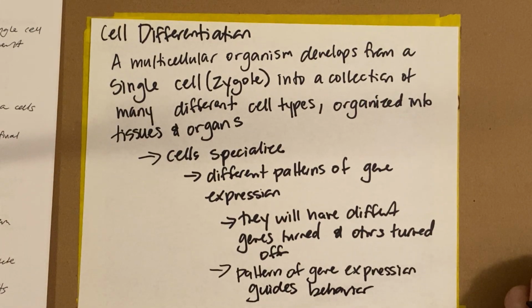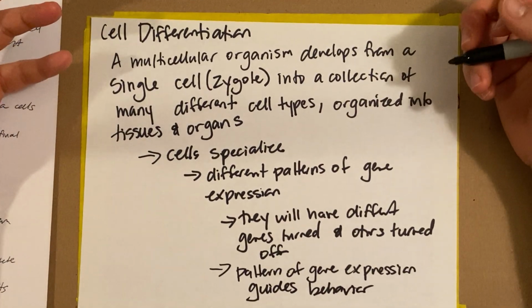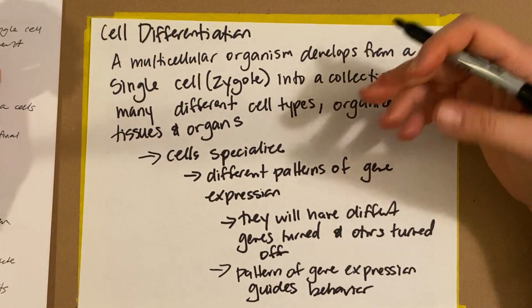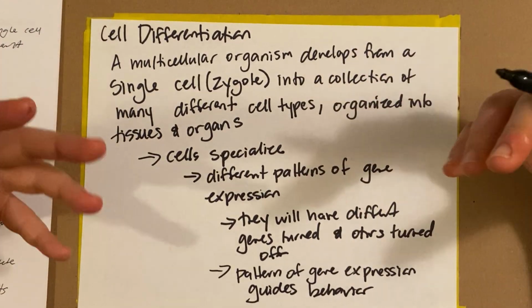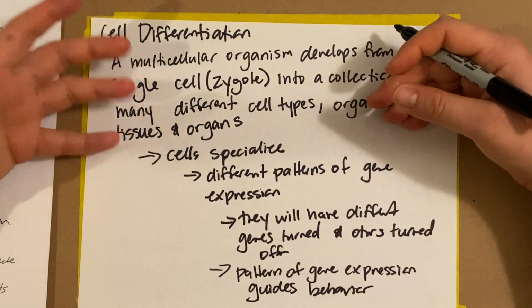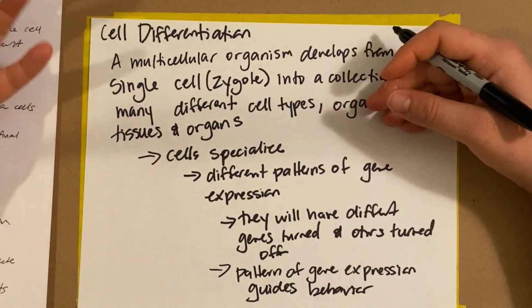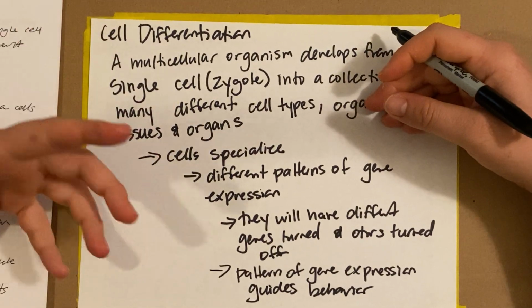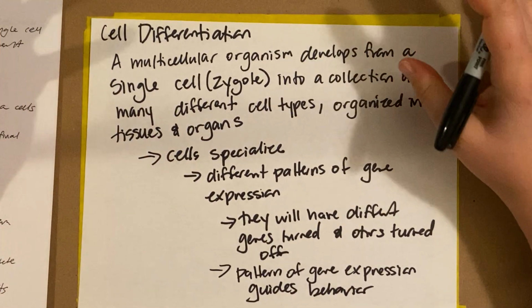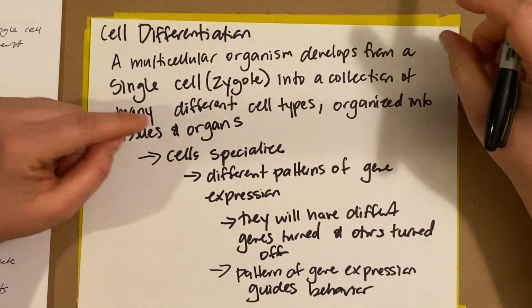Okay, so a cardiac cell, one of its main jobs is to be able to contract and help the heart pump the blood to the other parts of the body. The pattern of gene expression in a cardiac cell is going to be different from that of a skeletal muscle cell, or a skin cell, or a neuron, or an eye cell. All those are going to have different patterns of gene expression.